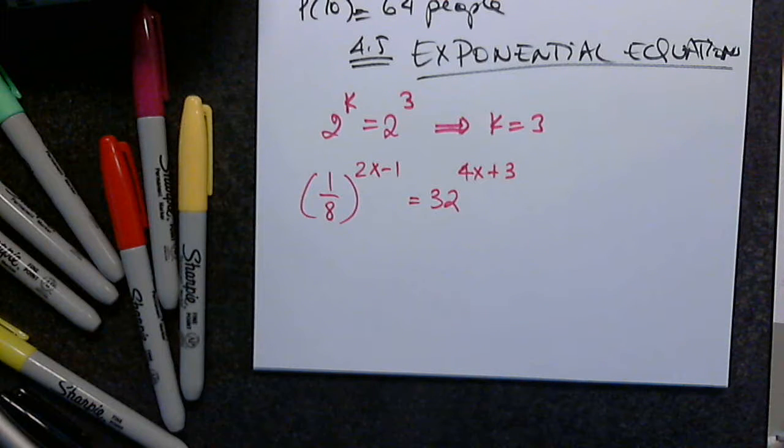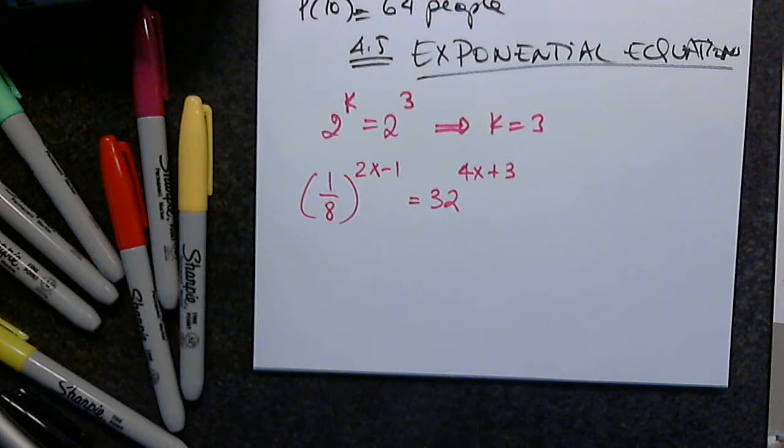So I'm looking at these two sides, and I say, okay, if I can present both sides with the same base, then the whole thing changes back into the same concept. But I have to present both sides with the same base.